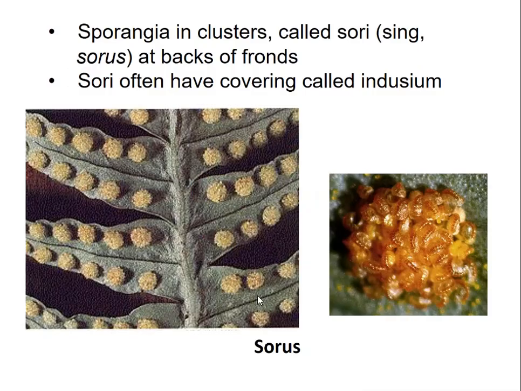The sporangia are found in clusters called sori or sorus at the back of the fronds. So if we look at a fern plant, go and hold it and look at the back of the leaf, I mean the fronds, at the back of the fronds. You can see there is a cluster of sporangia that we call sori.